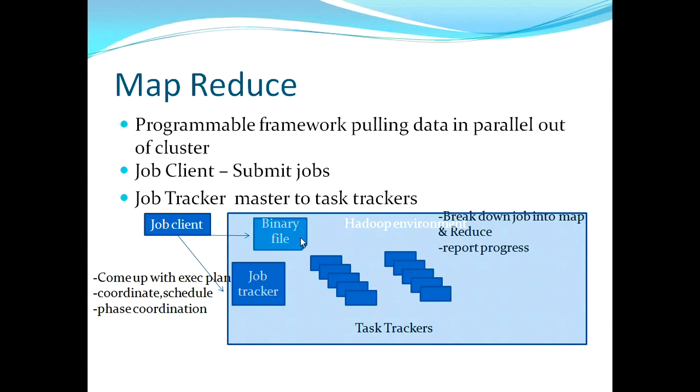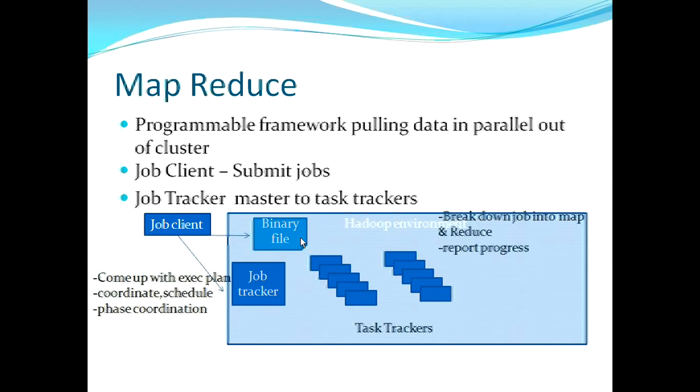MapReduce is a programmable framework for pulling data in parallel out of a cluster. It has a job client. The job client submits a job to the job tracker, which is the master, and the task trackers. The job client tells the job tracker that it wants to process the data.